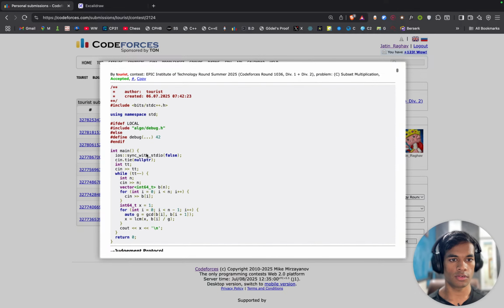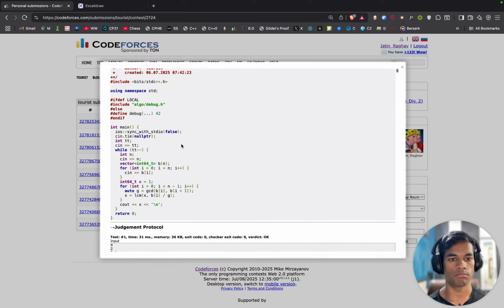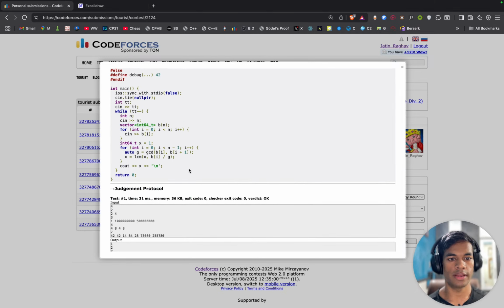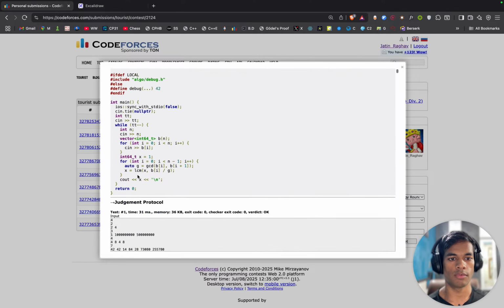So this is his code, and these are the macros that he uses. I think he submits using the submit button, which is around here. Yeah, he does not call any external function called solve, because I think it does add an overhead to every test case, and that is bad.